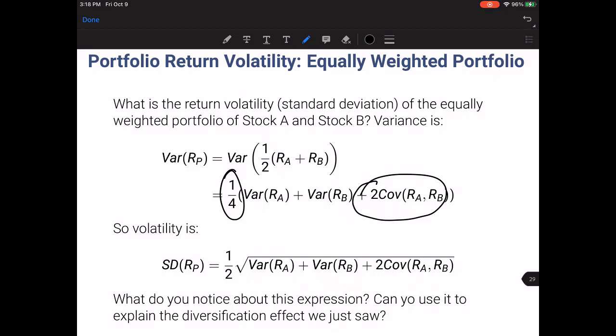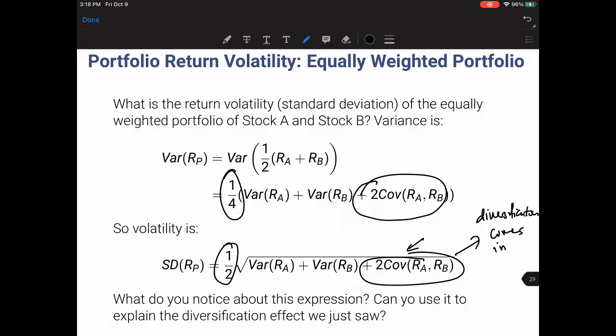So to calculate the volatility or the standard deviation, we simply take the square root of the variance. So that's why we get this 1/2 back, but we get this square root symbol on top of this variance expression. So what you should notice from this expression is this term here. This is where diversification comes in. So if they are very correlated, you can see that the volatility can increase.